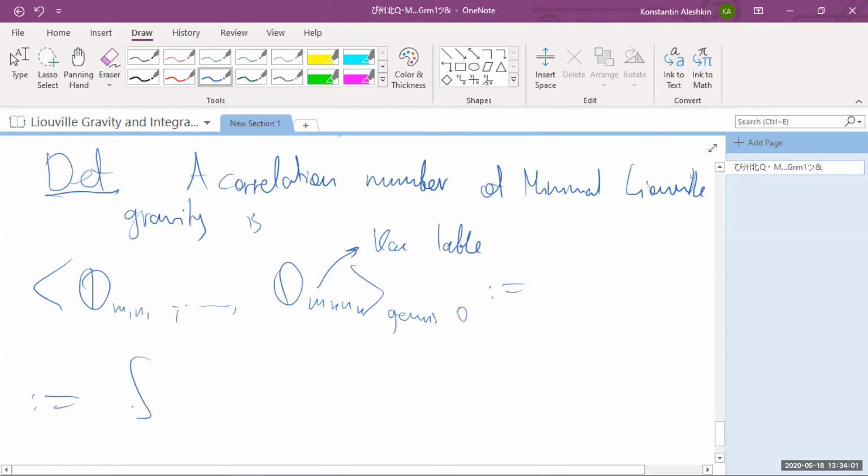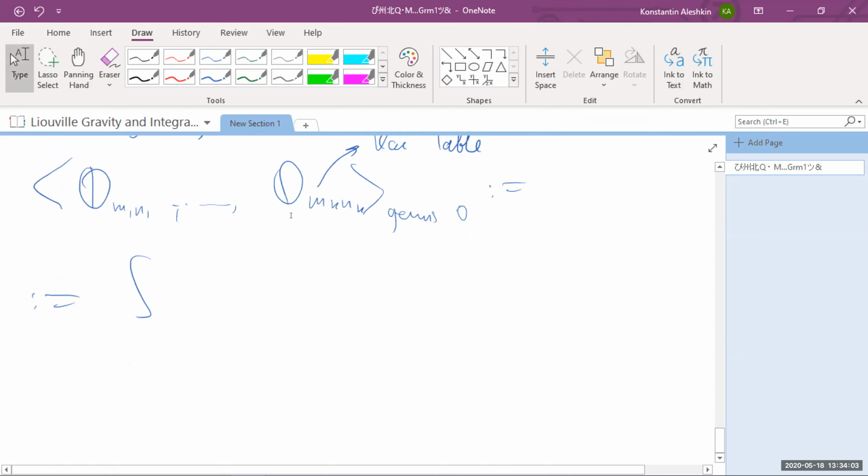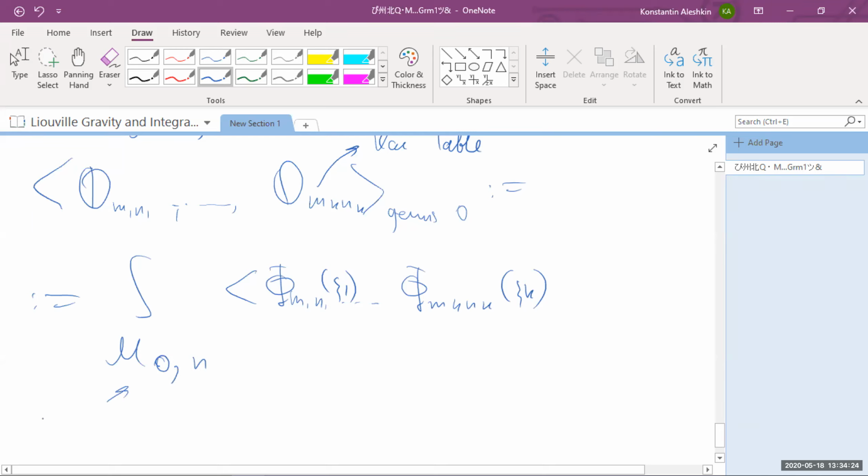And naively, what do we want to do? We want to take a correlation function of our minimal model matter content up to mk and k, at some positions, and then integrate over all of these positions. So this is the moduli space of n-punctured spheres.